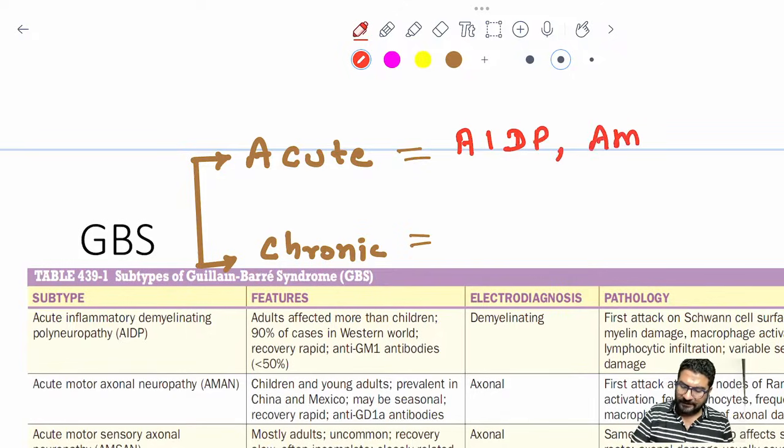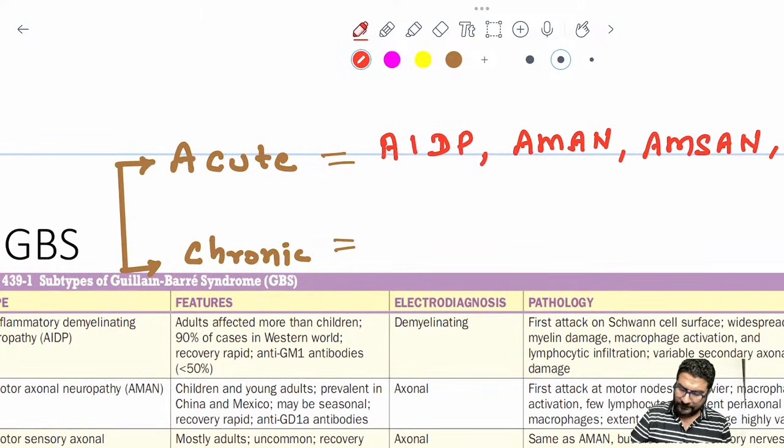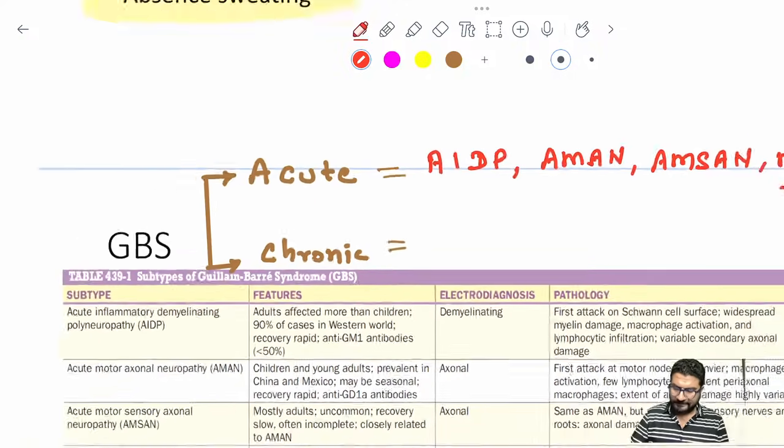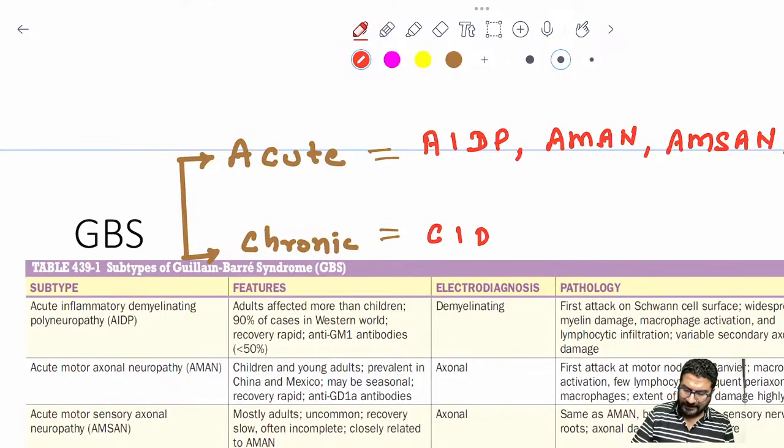Second is AMAN, acute motor axonal neuropathy, then AMSAN, acute motor sensory axonal neuropathy, and fourth is Miller-Fisher. In chronic we have only one type, CIDP. Yes, it is ascending paralysis.